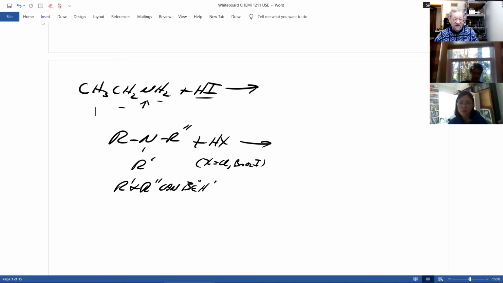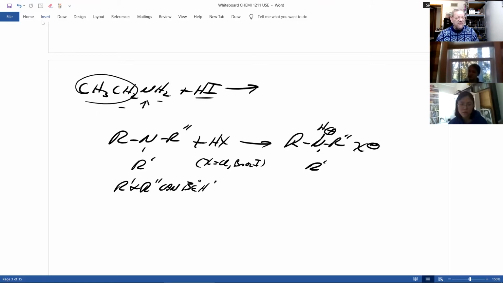And this is an acid-base proton transfer. And here, I'm going to call this R. And these two hydrogens are R prime and R double prime. And obviously iodine, well, maybe not obvious, but it's X.